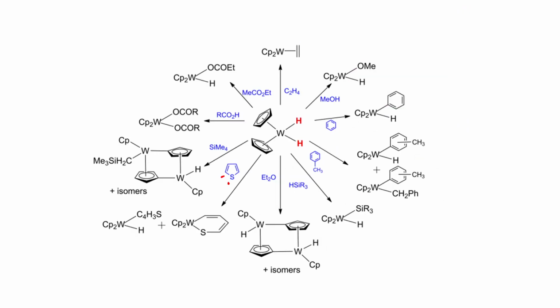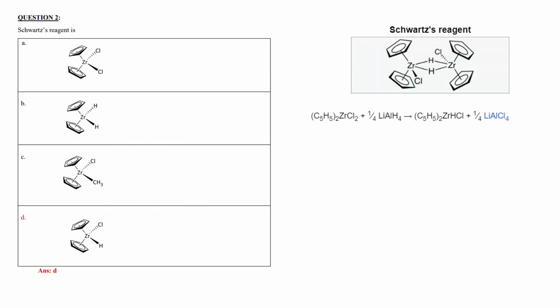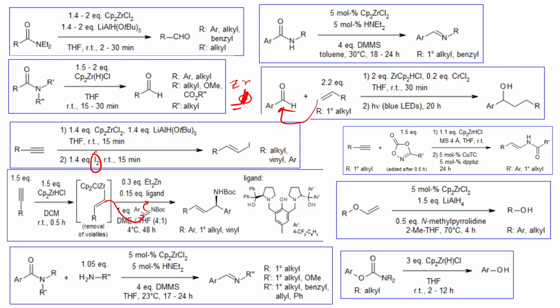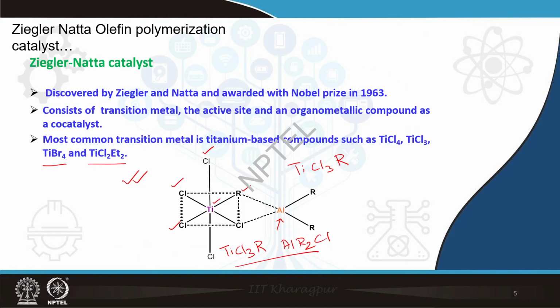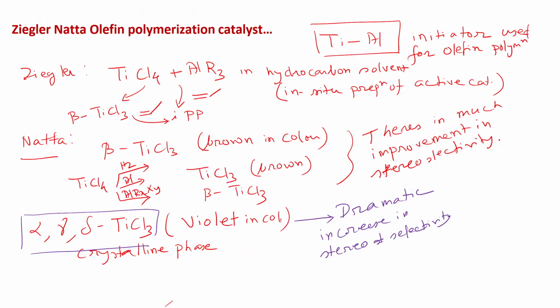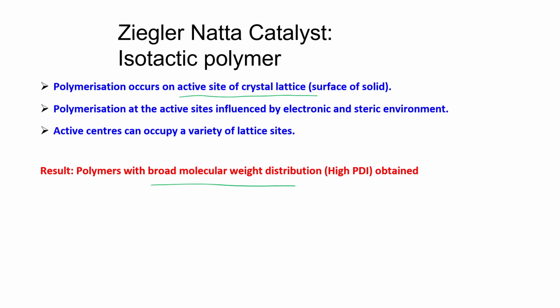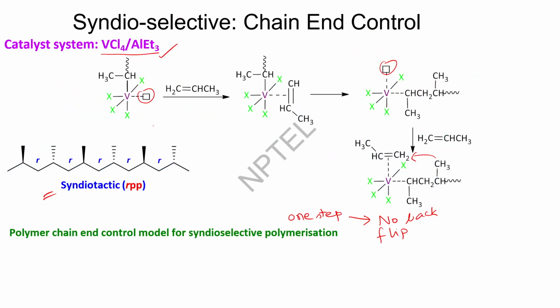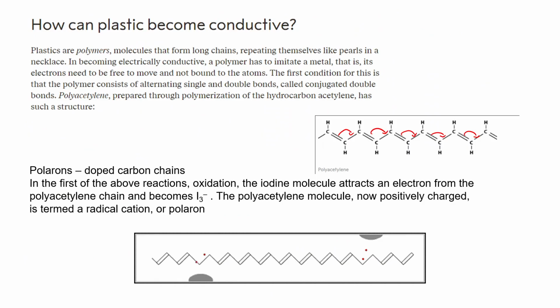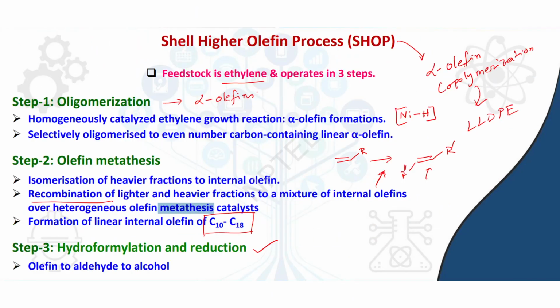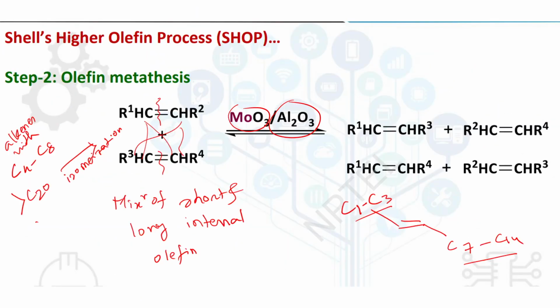After that, different kinds of metal reagents and their effects. Zirconium and tungsten we have discussed, followed by different processes. That's best for one, and there is no best one for vanadium. Then conductive polymers, followed by this process.